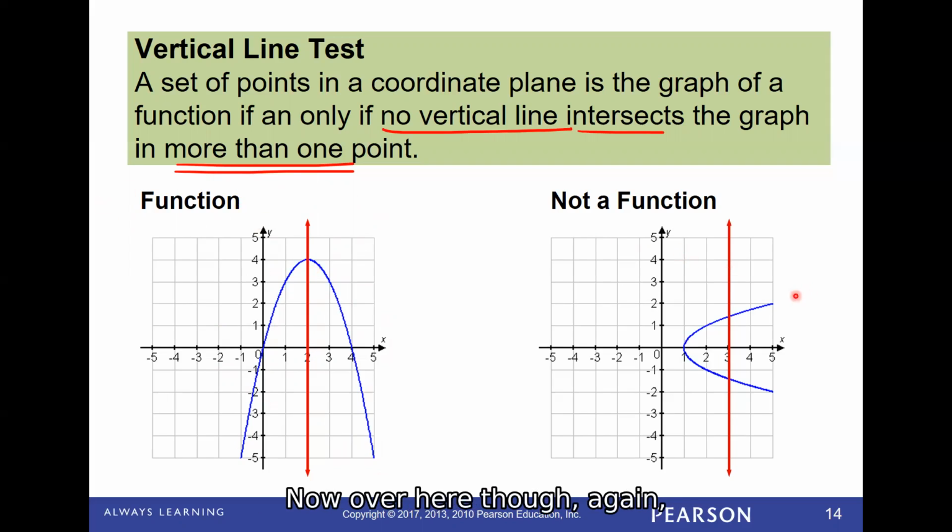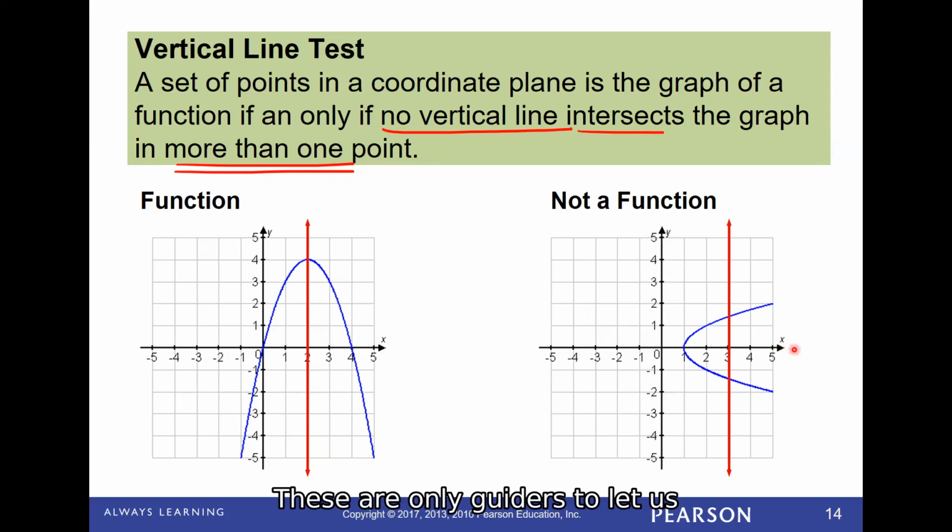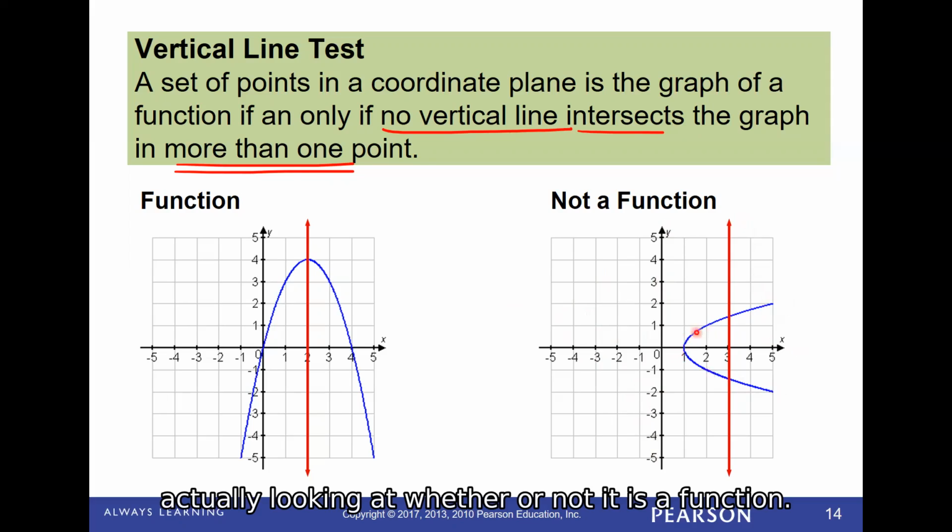Now over here though, again, this is one that we just looked at in a bit more of a visual representation. I can take that vertical line and you'll notice it hits here and here. Again, we don't care about this black background stuff. These are only guides to let us know where the function should be situated in a 3D or 2D location. But the blue is the function I'm actually looking at, to see whether or not it is a function.